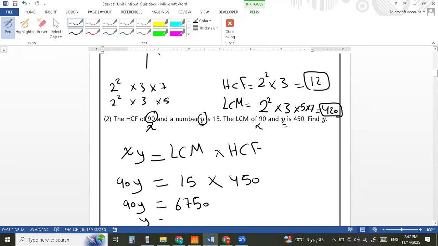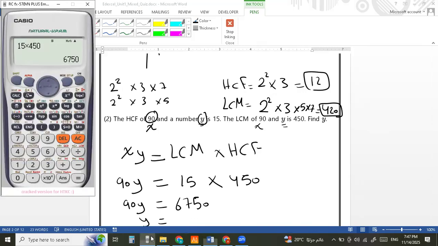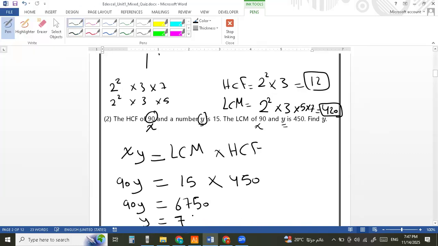So y equals what? 6,750 divided by 90 equals 75 exactly. So y is 75. Following this rule, the two numbers multiplied by each other equals the LCM times the HCF, or the HCF times the LCM.